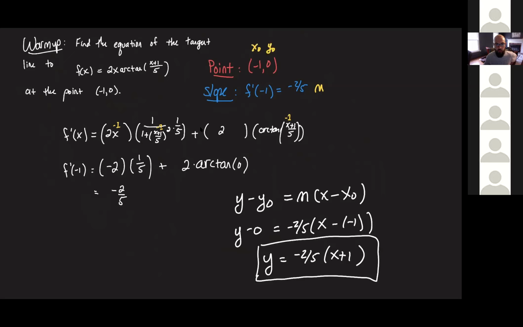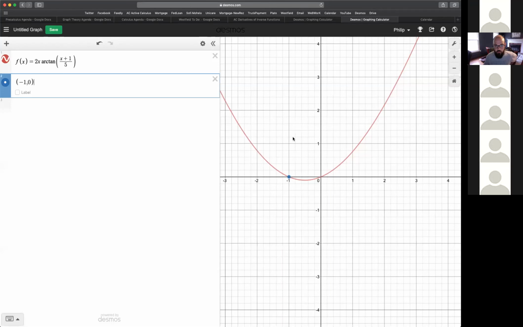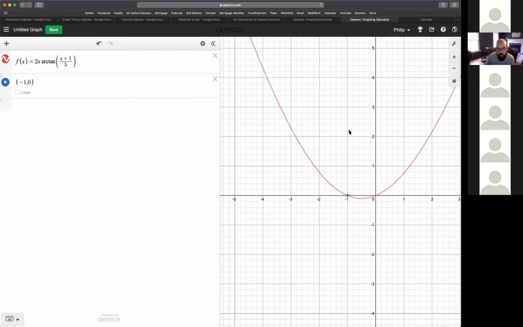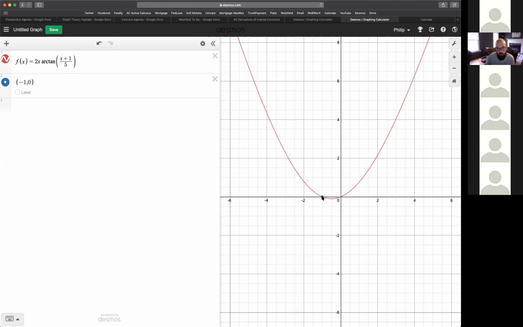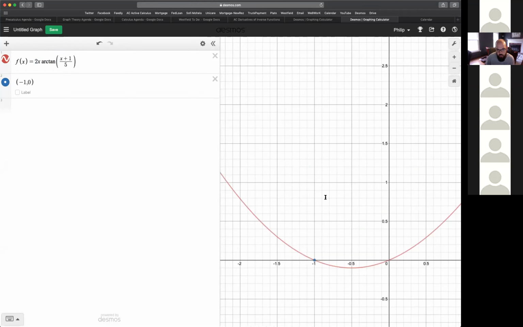let me switch my share here. Okay, so I think we see Desmos now. Here's our function that we were dealing with, 2x arctangent of x plus 1 over 5. It looks something like this. And then we have this point, negative 1, 0.